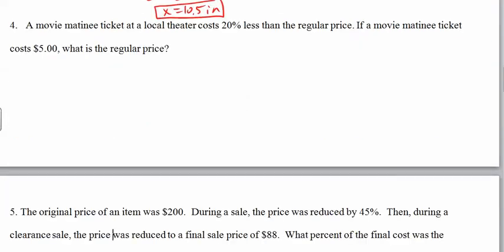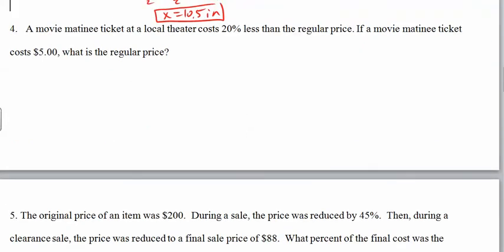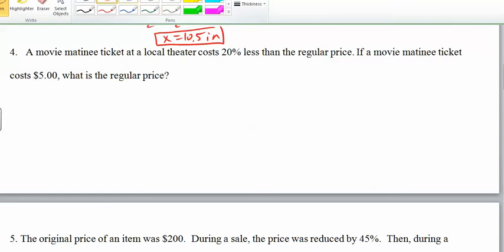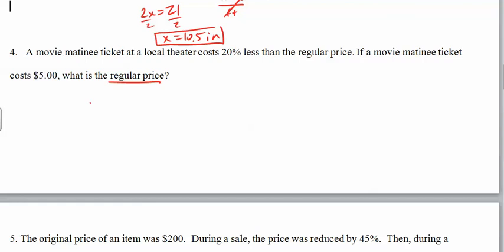All right, let's do one more on this video, and then I'll switch you over to a new video. A movie matinee ticket at a local theater costs 20% less than the regular price. If a movie matinee ticket costs $5, what is the regular price? So the regular price is going to be our original.